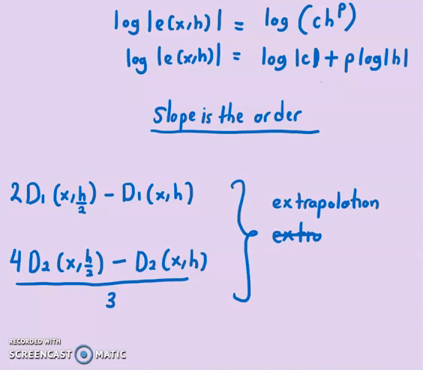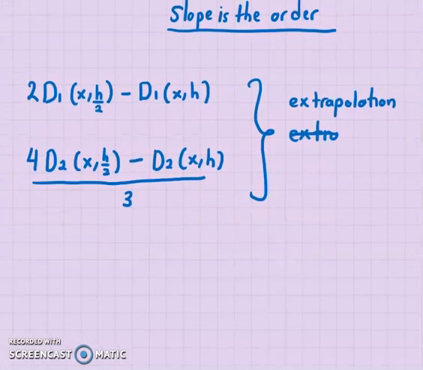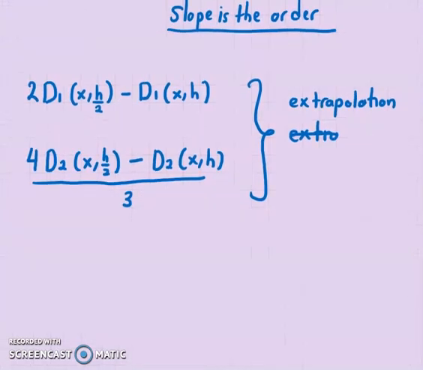Okay, extrapolation technique. Extrapolation is a way to improve the accuracy of the approximation by using two different step sizes, h over 2 and h.